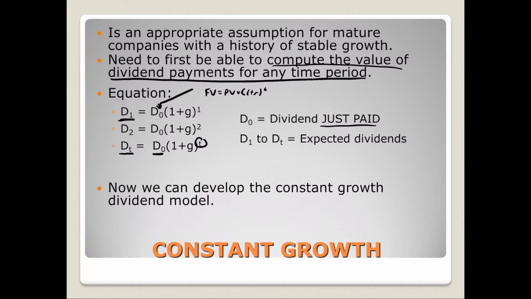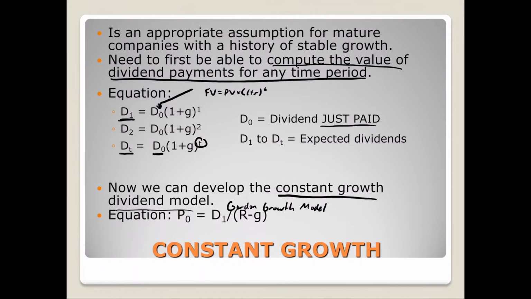So now that we can calculate a dividend for any time period, we can develop what is called the constant growth dividend model. The constant growth dividend model is also called the Gordon growth model. It does go by different names. It's also called the dividend discount model, but there are a couple of different names you can have for this constant growth assumption.